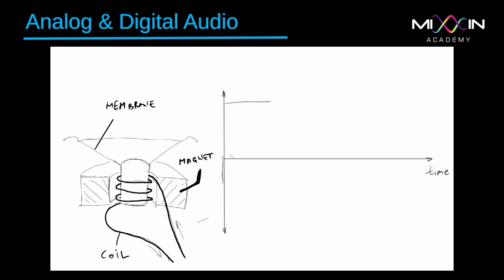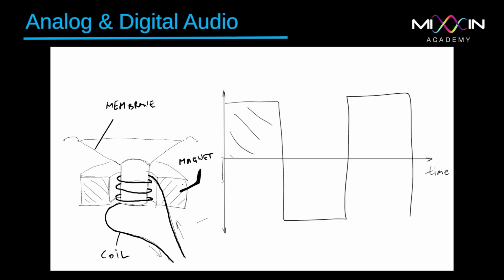Now, if we had a square waveform to move the membrane, it would still follow this square to the letter. It would not gradually push outwards and inwards as for the sine wave. For the square, it just jumps out in the positive phase, like right here, and then quickly moves inwards and holds that inwards position when it is in its negative phase, and so forth.